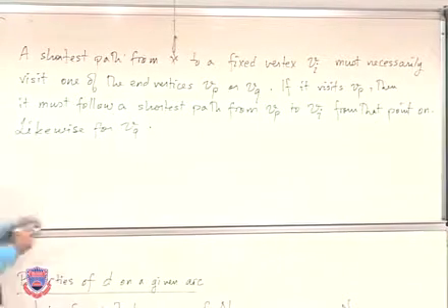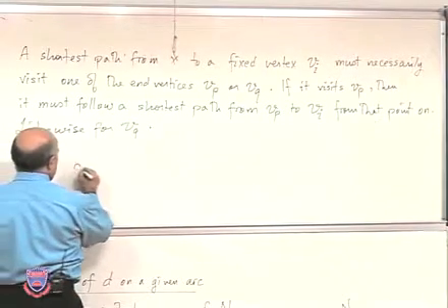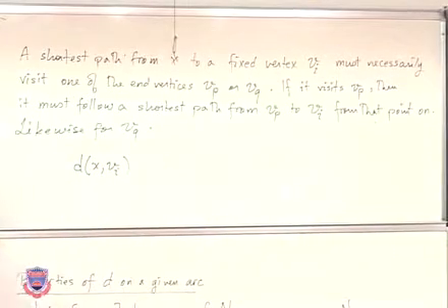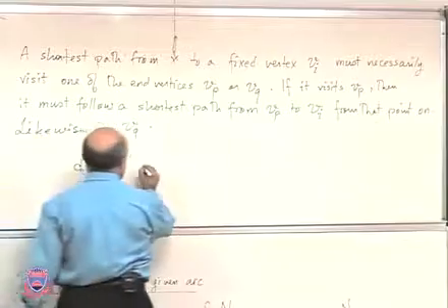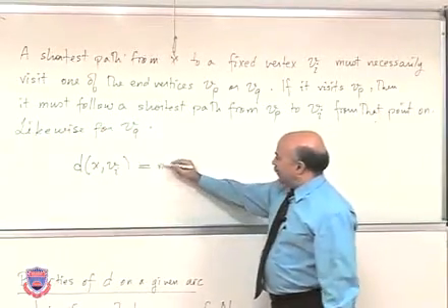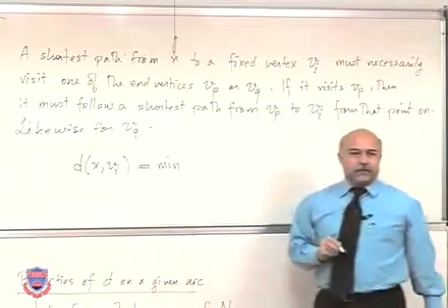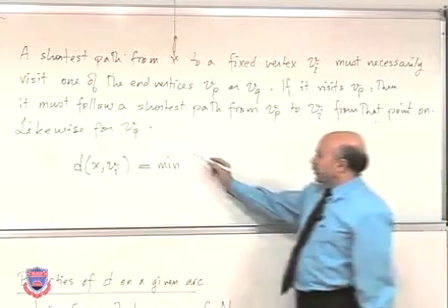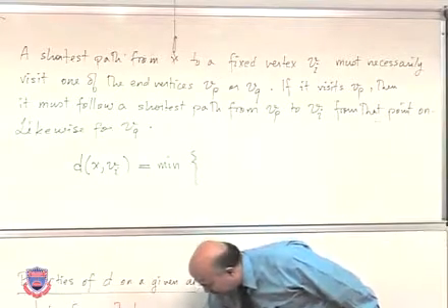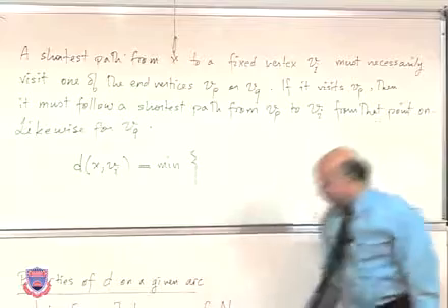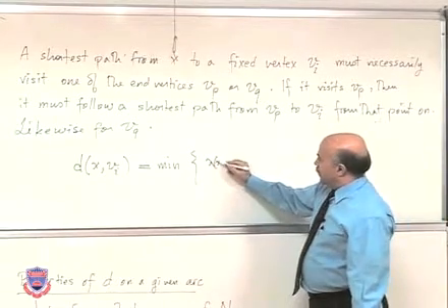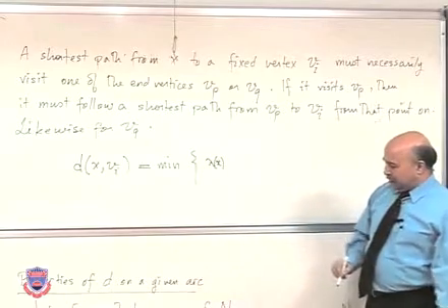Okay, so what that means is the distance between x and vi, the fixed vertex, is going to be one of two quantities, whichever one is smaller. So it's the minimum of two quantities. The first one going from x to vp, then from vp to vi, which means I go along the subarc x to vp.